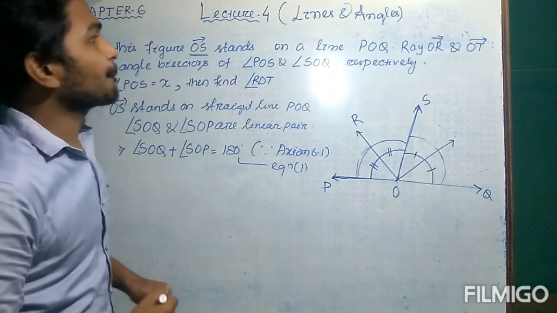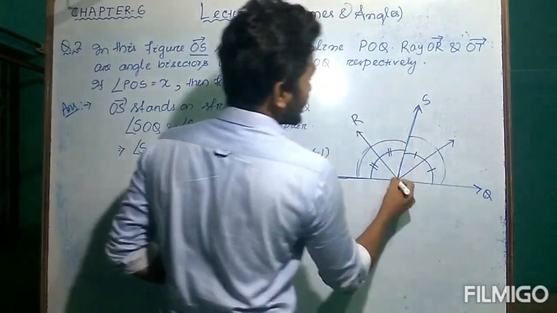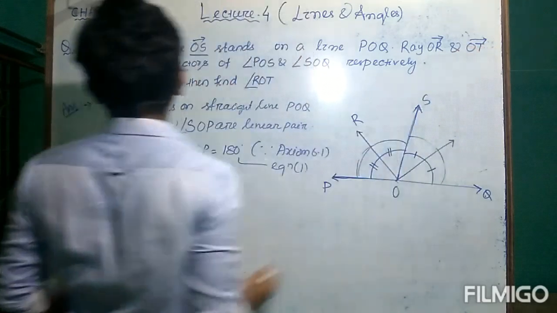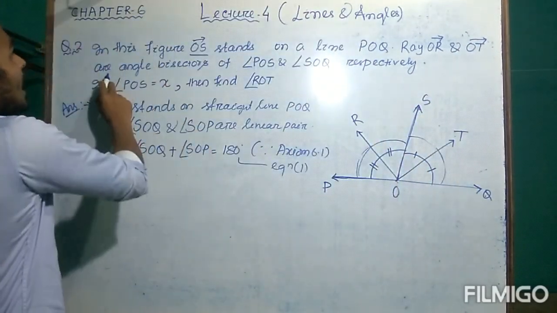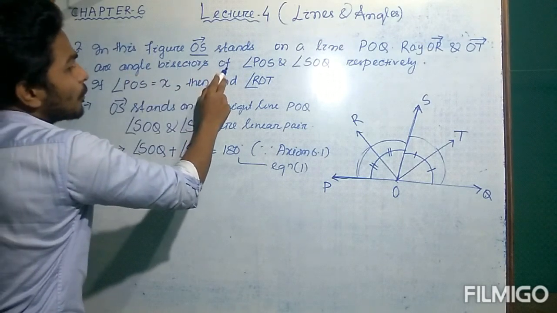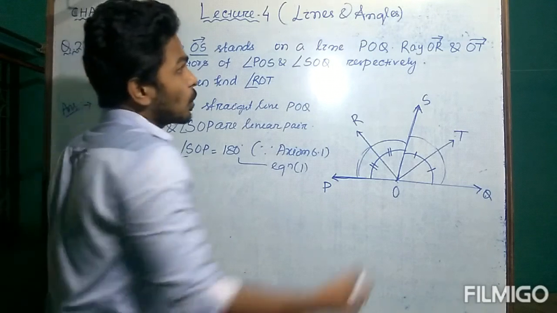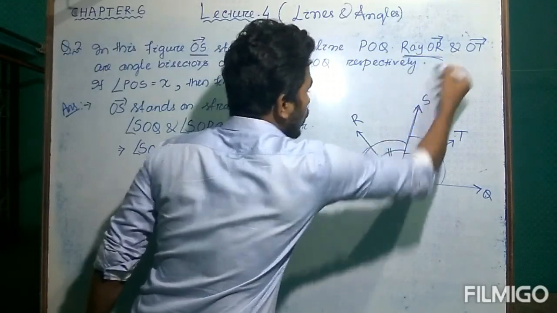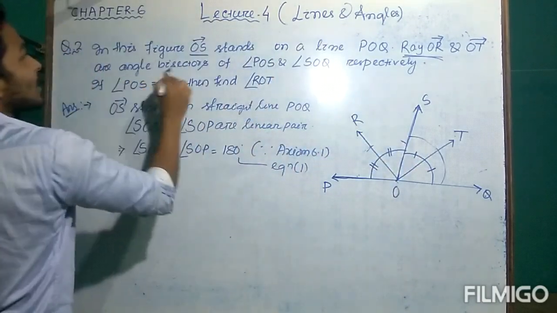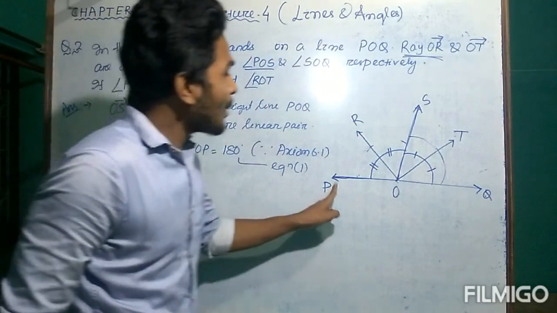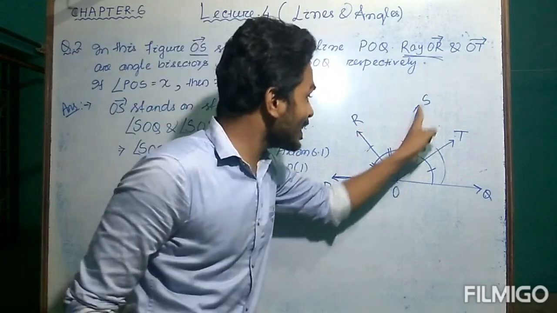Now continue reading. Ray OR, okay, this is a ray OR, and ray OT, this is another ray OT, are angle bisector of POS and SOQ respectively. So here given that the ray OR is the angle bisector of angle POS. So OR is the angle bisector of the total angle POS.